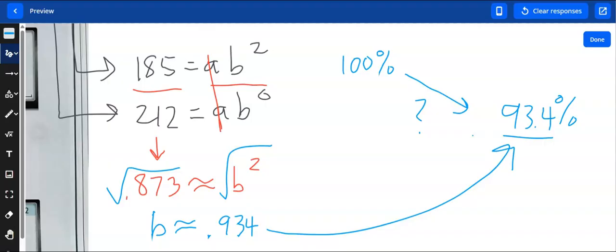What percent are we losing? 6.6%? Is that right? Yes, no? Yep. Yeah. It's a loss of 6.6%. I know they didn't ask me that, but I figured we could figure it out anyway.